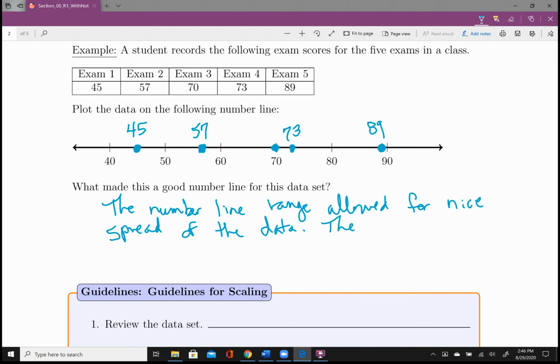So the tick marks are equidistant, and the differences between the values are equal.